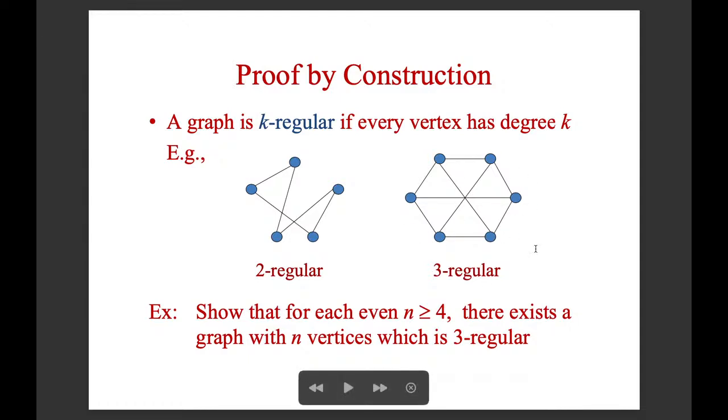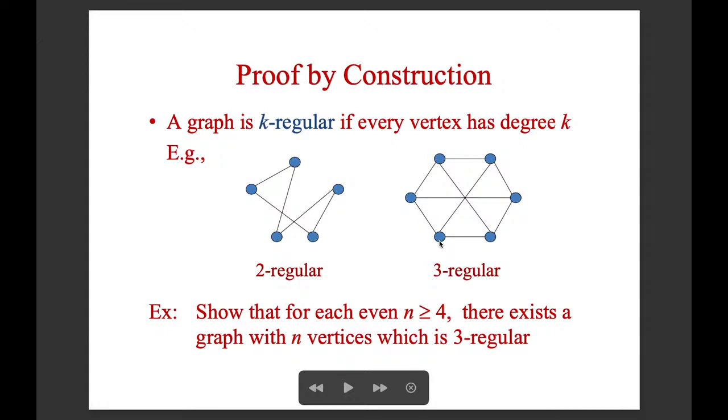For instance, this is a case where n is equal to 6. One easy way to draw a graph with this property is to list out all the vertices on a circle, and then form a convex n-gon by joining the neighboring vertices by an edge.